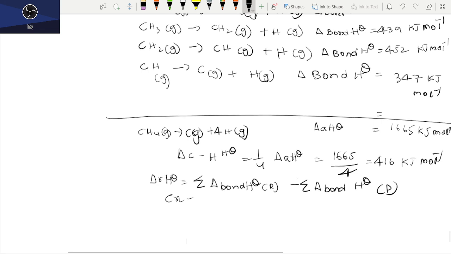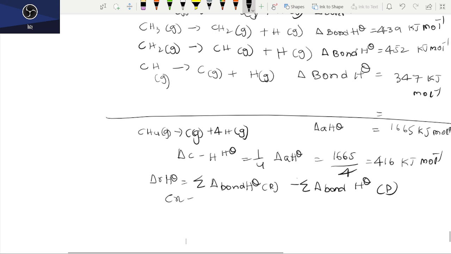If you carefully see the example, N2 plus 3H2 gives rise to 2NH3, and delta rH power naught is equal to delta N triple bond N H power naught plus 3 delta H-H power naught minus 6 delta N-H power naught. So this is the final equation that I got.